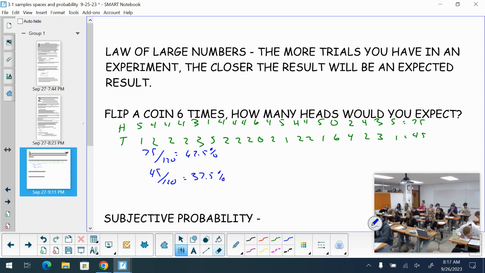Now, if we flipped 1,000 more times, and we have 500 heads, 500 tails. We have a difference of 30 between these two, and we're going to keep the difference of 30.